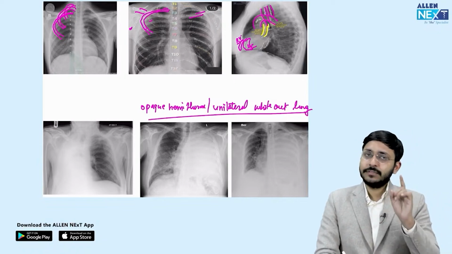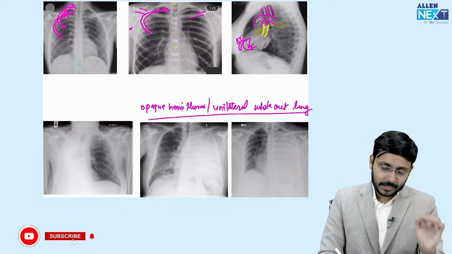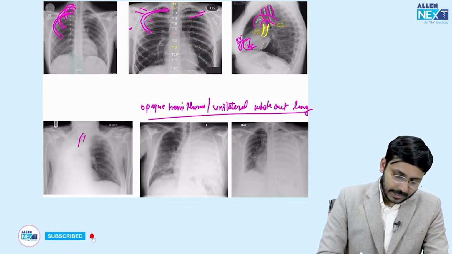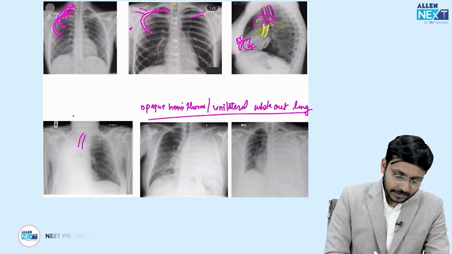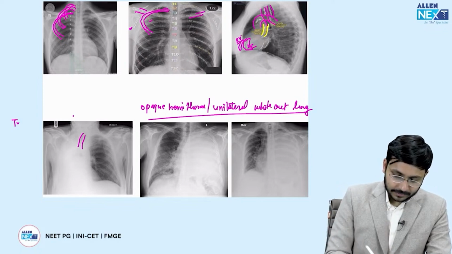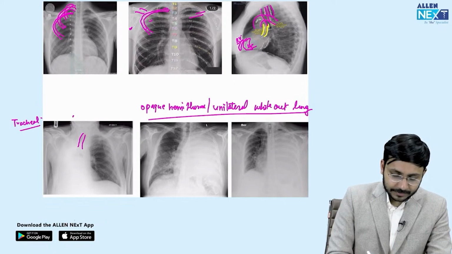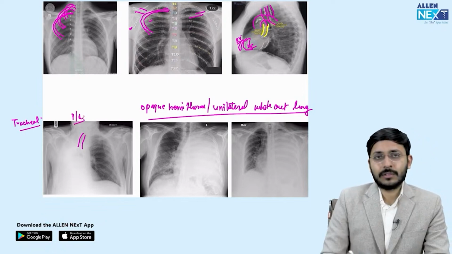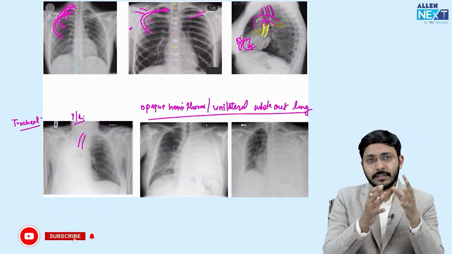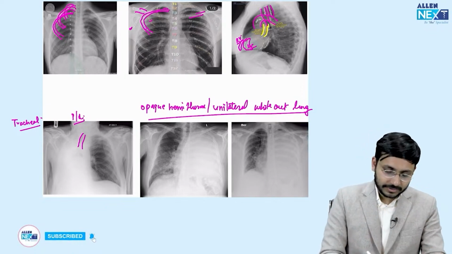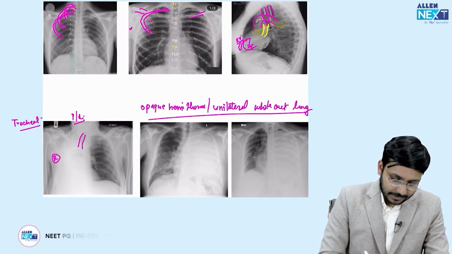In such cases, we have to see the trachea. So we are labeling trachea here. If the trachea is ipsilateral to the opaque hemithorax, that means that there is a pull towards that lung. So this means that there is a right lung collapse.